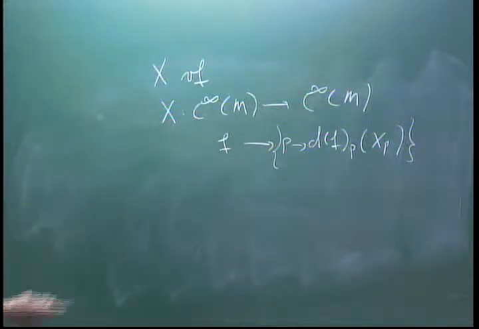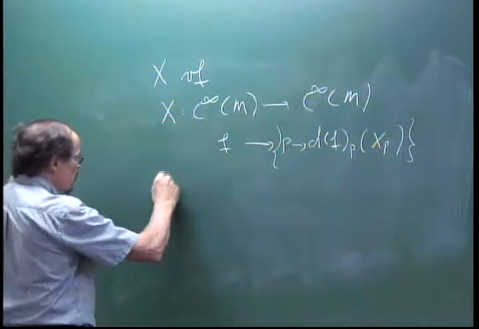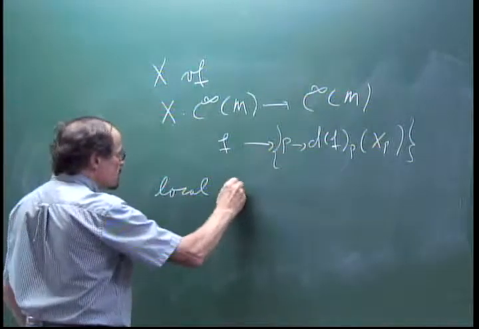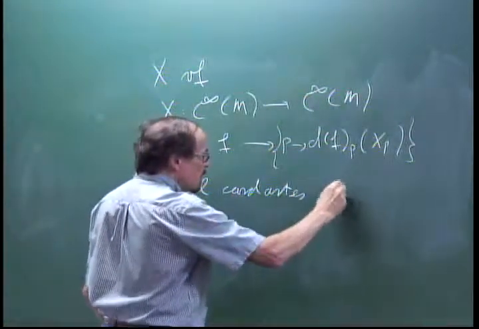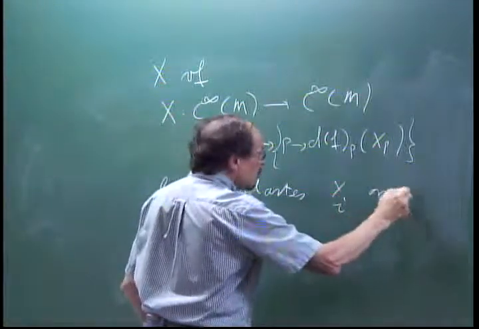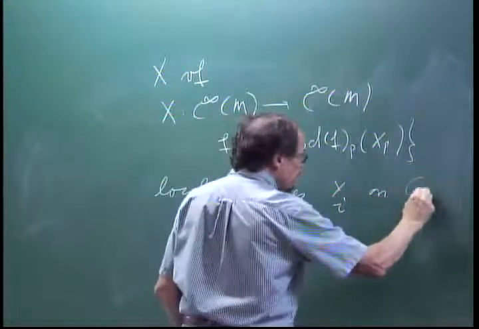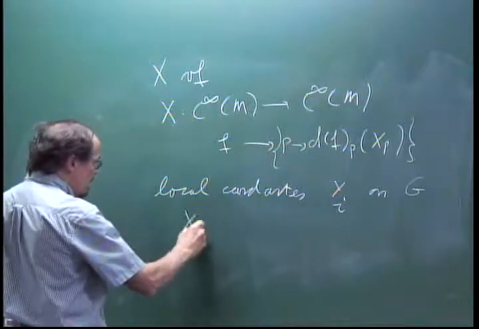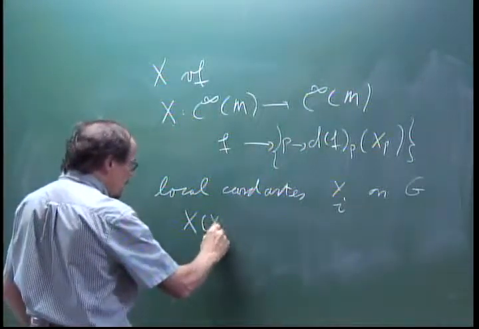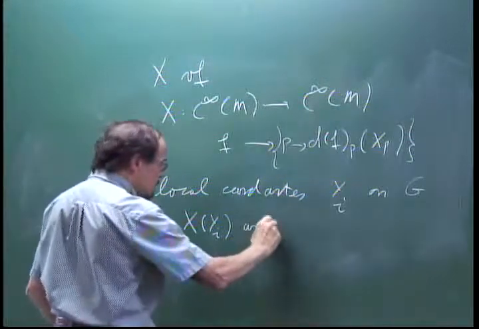It's a derivation. It satisfies the derivation rule. And one way to show that a vector field is smooth is by choosing local coordinates, say yi, on M in general, and then showing that the vector field X applied to the coordinates yi are smooth.